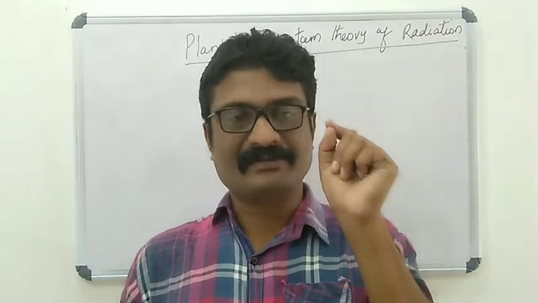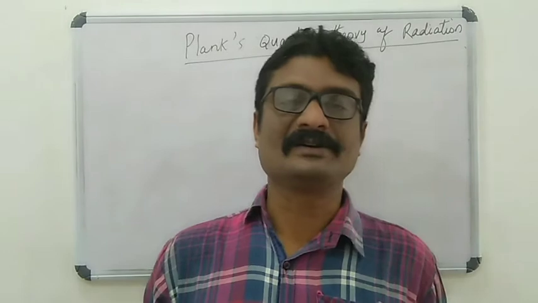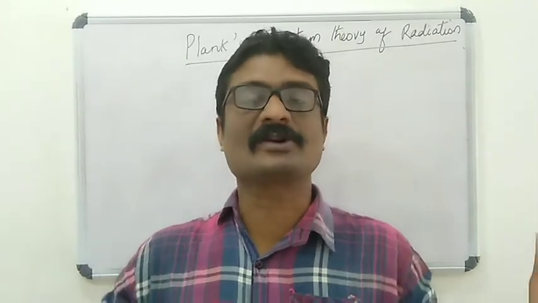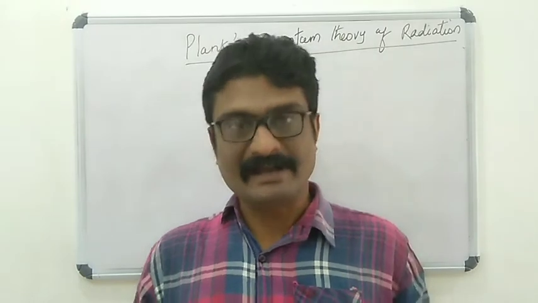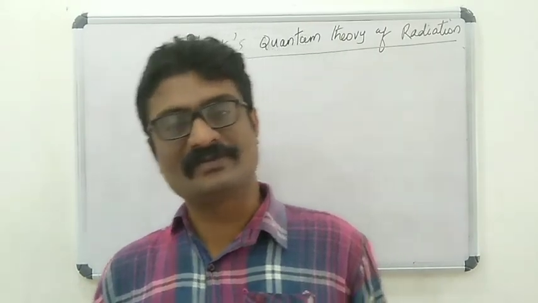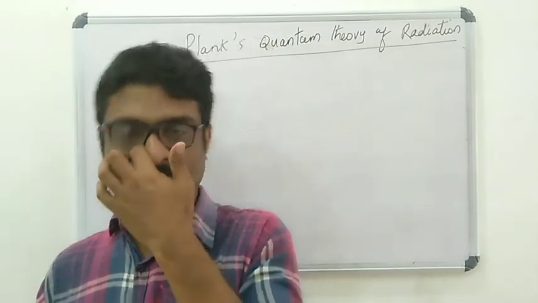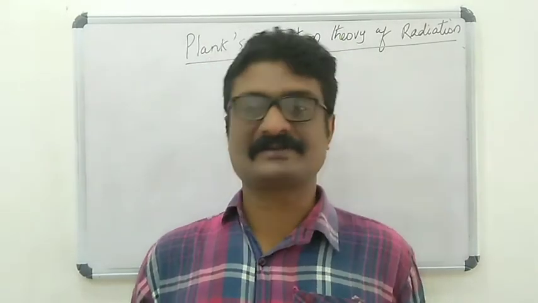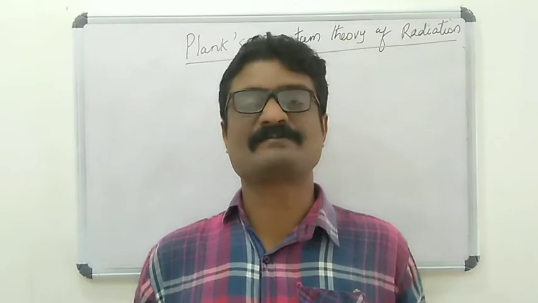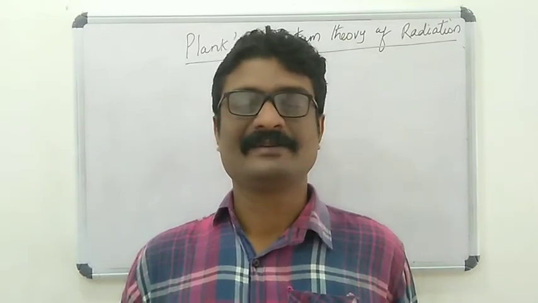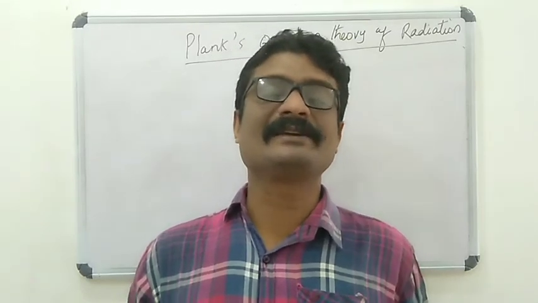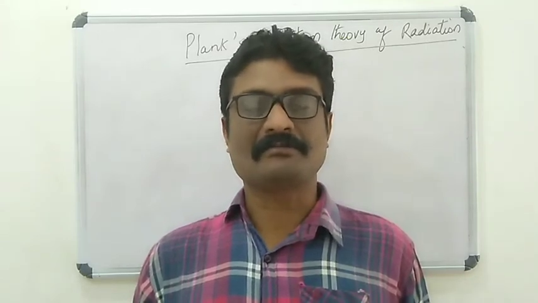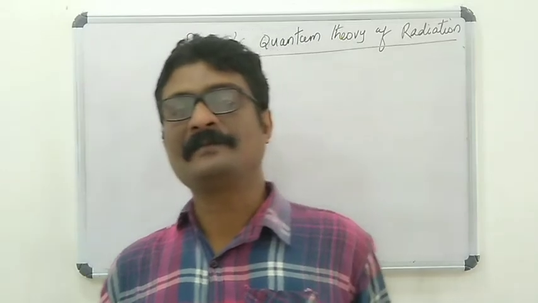And the very important observation of photoelectric effect is the kinetic energy of photoelectron is directly proportional to frequency of radiation. But all these observations could not be explained by electromagnetic wave theory of light given by Mr. Maxwell.